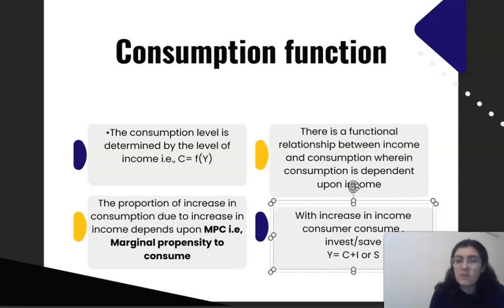Taking up from a very basic level, consumption level is actually determined by the level of income. That is, whatever income we have determines our consumption level. So consumption is a function of income, that is Y. I've written a formula also, that is C is a function of Y. C is the consumption expenditure, which is a function of income, and there is a positive relationship between the two components.